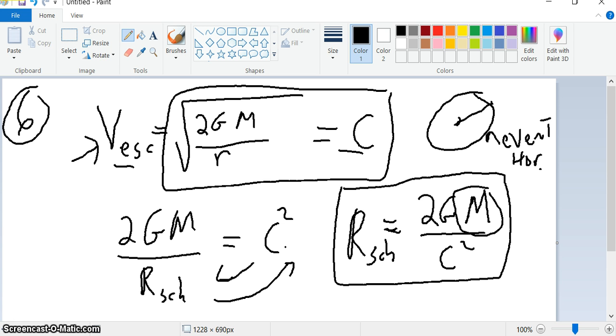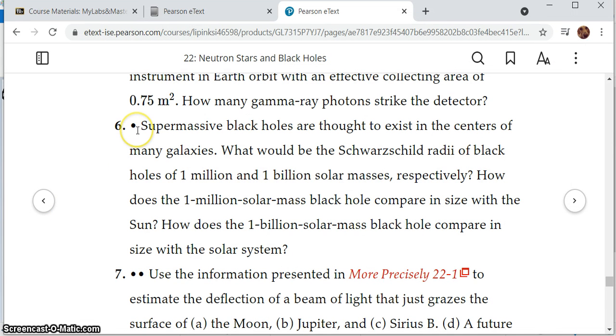Let's see. So they want us to know what would be the Schwarzschild radius of something. Now that we're armed with the equation of the Schwarzschild radius, here's what it says: supermassive black holes are thought to exist at the centers of most galaxies.